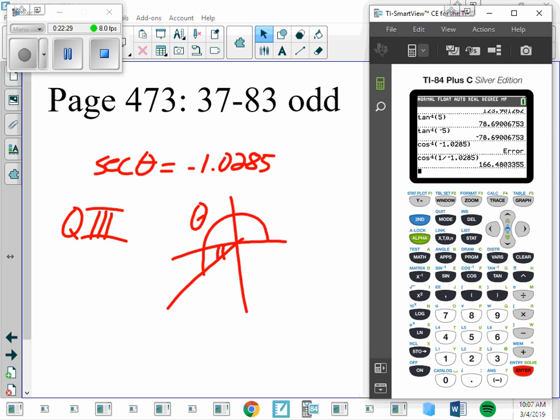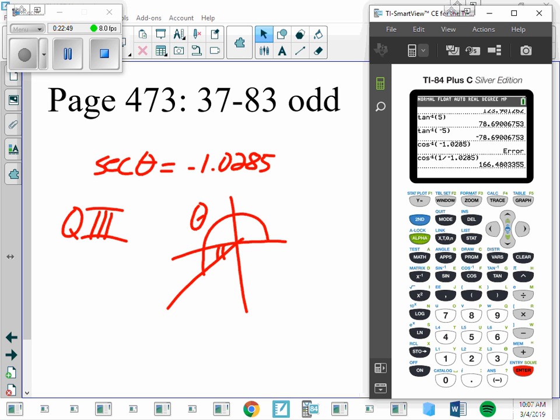Okay, and I get 166 degrees. Well, that doesn't make any sense. I ended up in the wrong quadrant. That's what happens when you just make these up. But let's say it was 50 degrees.